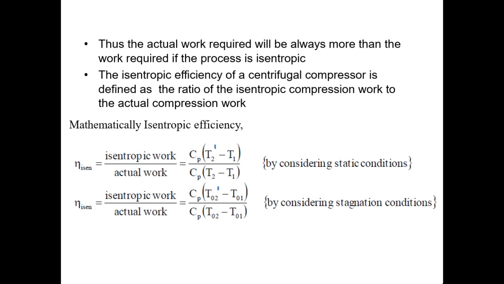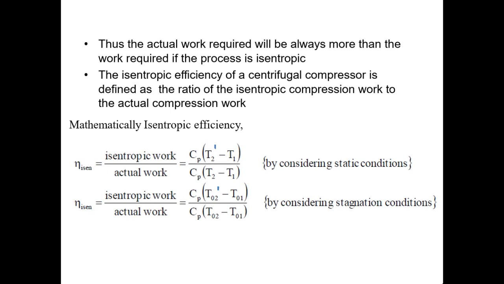Thus the actual work required will always be more than the work required if the process is isentropic. The isentropic efficiency of a centrifugal compressor is defined as the ratio of the isentropic compression work to the actual compression work. That is, mathematically, isentropic efficiency is nothing but isentropic work divided by actual work.